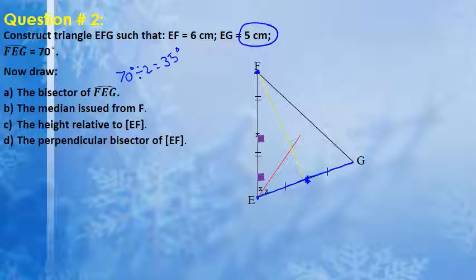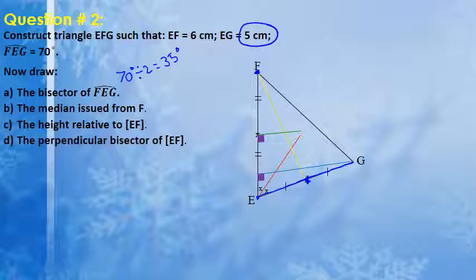Now in part C, we should draw the height relative to EF. To draw the height relative to EF, we use a set square. We put the set square on EF and we draw a perpendicular from G to EF. We get the perpendicular, and now the perpendicular bisector of segment EF. The measure of segment EF is 6.